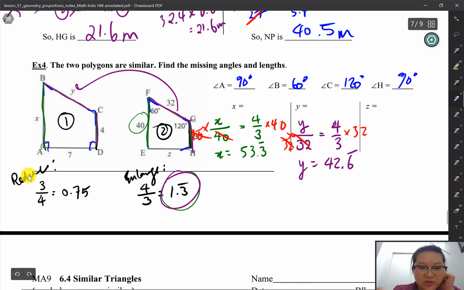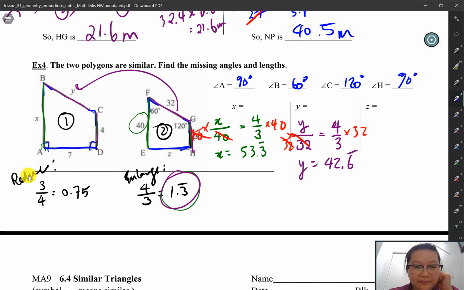Last but not least, we're going to do z, this guy here, but this is a scale down from side 7. So in order to use the ratio, I'm going to do the same thing. I want z to be on top, and then it's going to be over the similar side, which is 7. And then I'm going to use the similar side length that I know of, but this time, since I'm doing small to big, I need to do the same ratio for the other side. 3 is smaller, 4 is bigger, so 3 to 4.